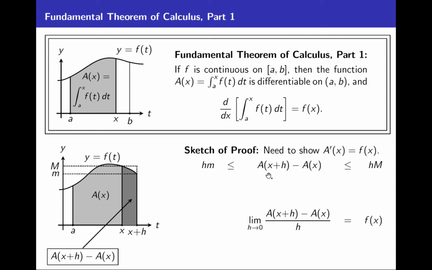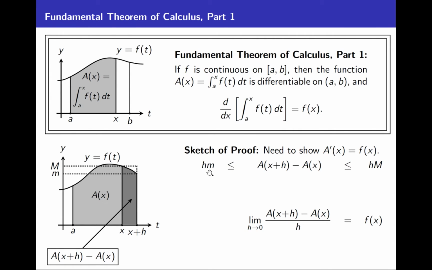So what we get is the following. This dark shaded region, which is A of x plus h minus A of x, is less than or equal to h times big M, the base h times the height big M of that tall rectangle.